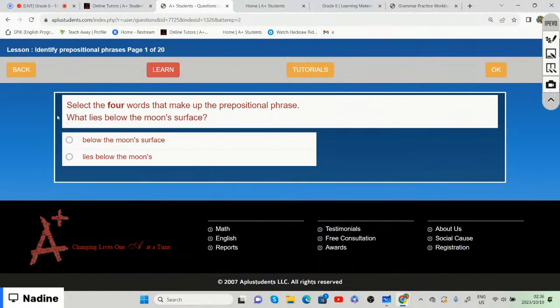So if we select the four, we can say below the moon's surface.